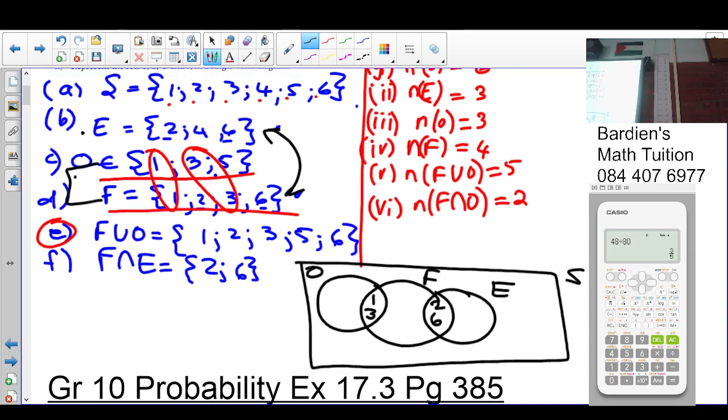So what is left of F? Nothing. Then what is left of O? 5. Of E? 4. So what is not accounted for? 1, 2, 3, 4, 5, 6, so all is accounted for. Can you see that, people? So there's my Venn diagram.